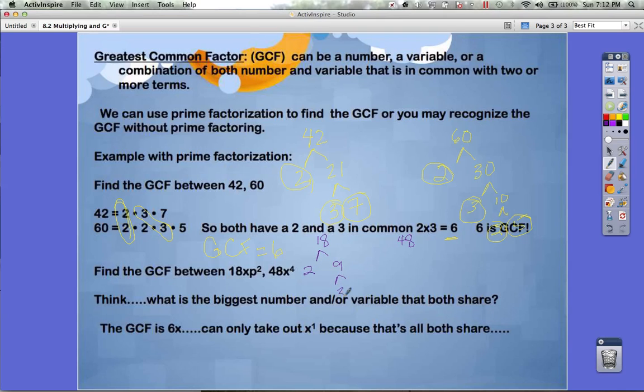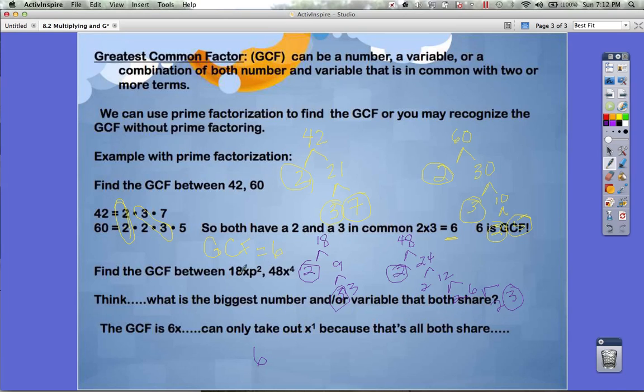And that breaks down to a 3 and a 3. 48 is even, so I'll take that out as a 2, and that'll be 24. That breaks down to 2 and 12, which breaks down to 2 and 6, which also breaks down to 2 and 3. So I look for common factors. I have a 2 that's in common, and I have a 3 that's in common.